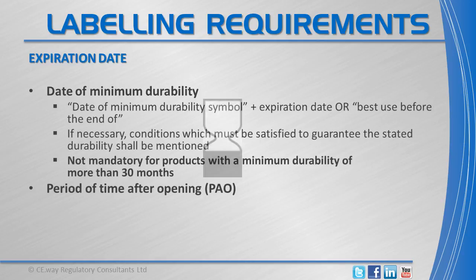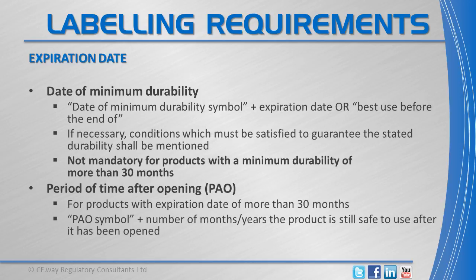For products with a minimum durability of more than 30 months, the period of time after opening for which the product is safe and can be used without harm to the consumer shall be indicated. The period after opening is expressed by the symbol and the number of months or years the product is still safe to use after it has been opened.